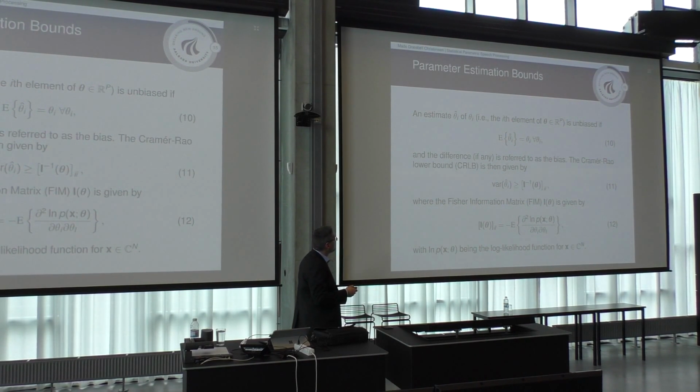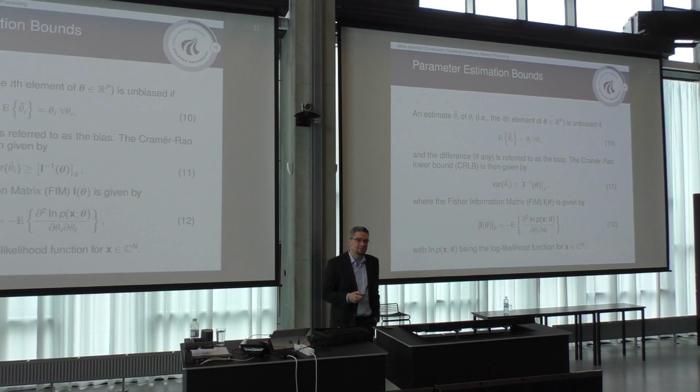Then there's something called the Cramér-Rao bound, which says that the variance of this estimate is always larger than or equal to, for any unbiased estimator, the inverse of this I matrix, or the diagonal element corresponding to the i-th parameter, of this Fisher information matrix, which involves the second order derivatives of the likelihood function.